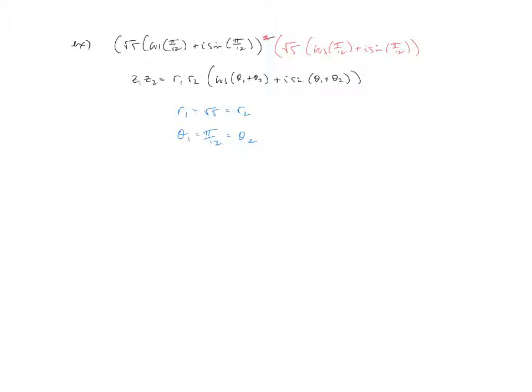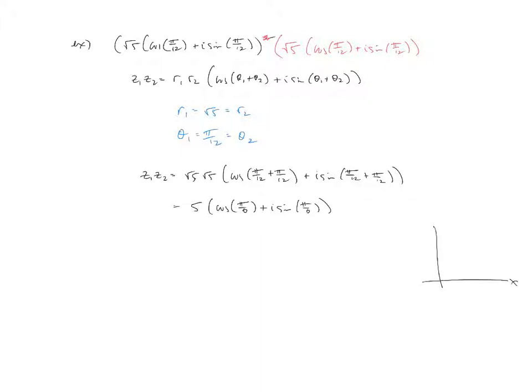So now it's just a matter of plugging it all in. z1 times z2 equals root 5 times root 5 times cosine of pi over 12 plus pi over 12 plus i sine of pi over 12 plus pi over 12, which gives us 5 times cosine of pi over 6 plus i sine of pi over 6.